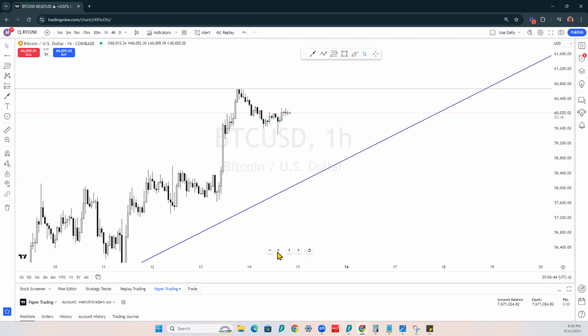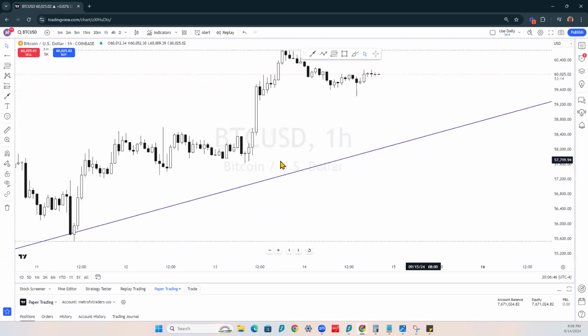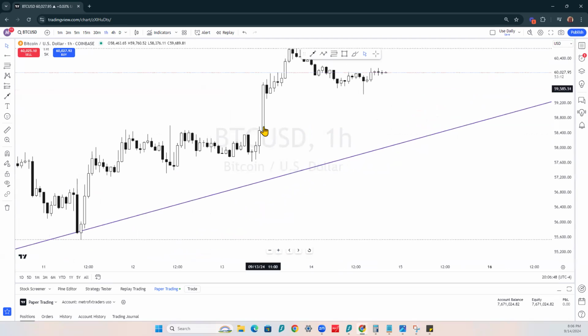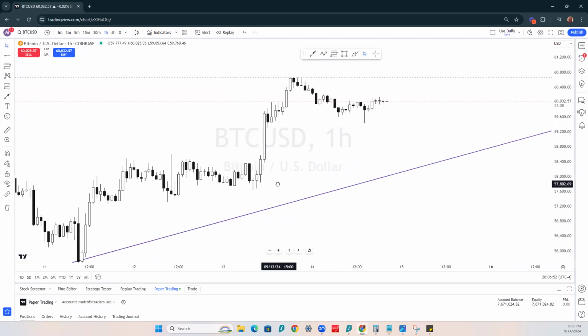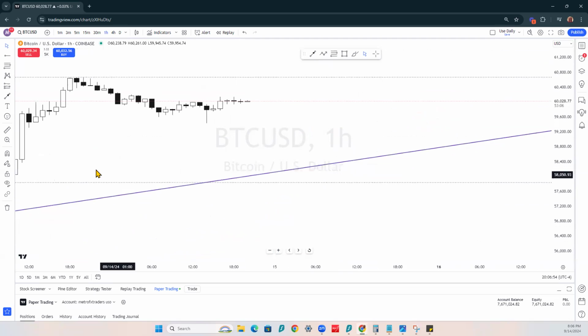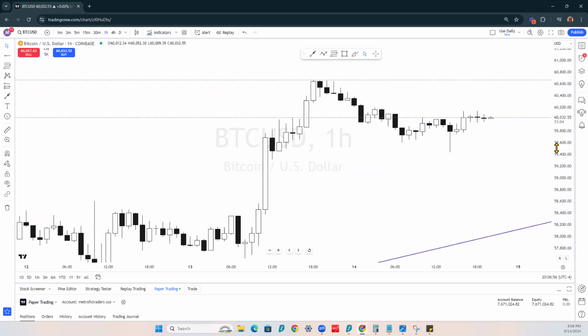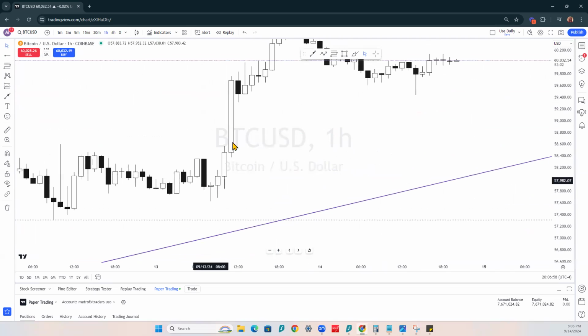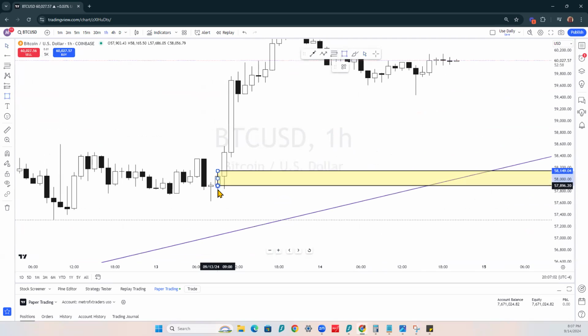Typically, I place my order block whenever I see a strong big candle right like this. I go down to the order block, which is this one right here. And look at that. Here's the order block right here. So I'd mark my order block right here.